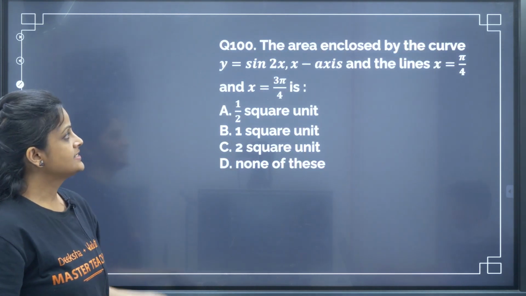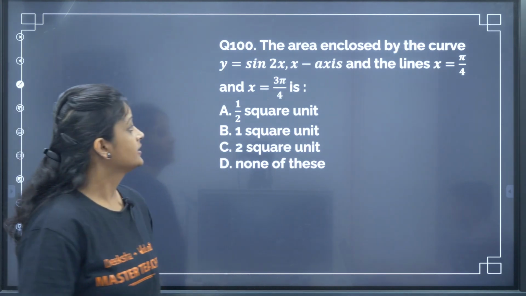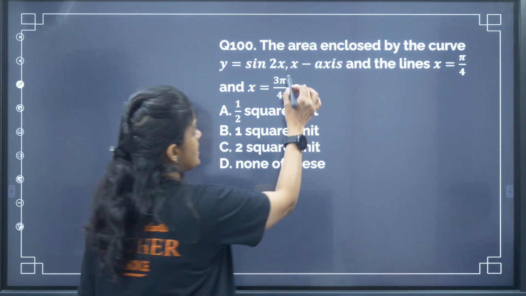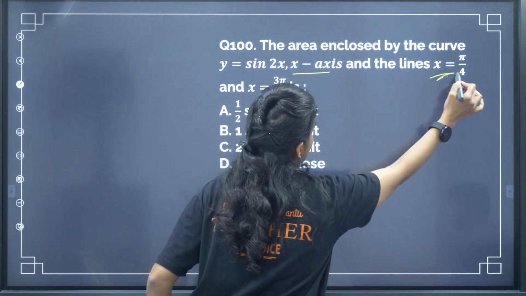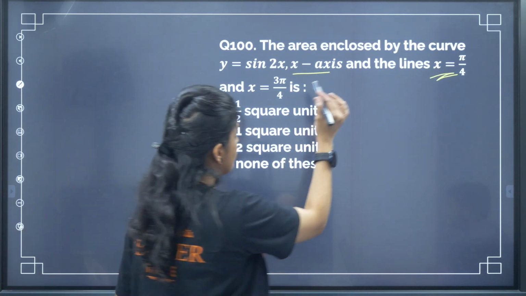Okay, let's see the 100th question. The area enclosed by the curve y is equal to sin 2x, the x-axis and the lines x is equal to pi by 4 and x is equal to 3 pi by 4.